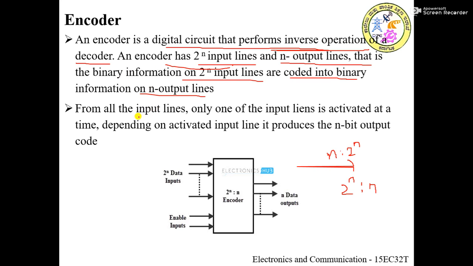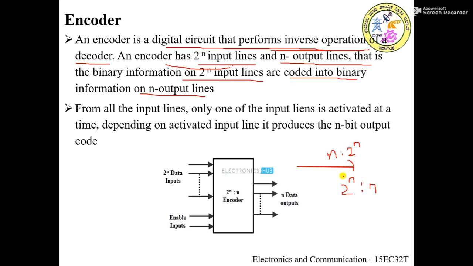As we know, in the case of a decoder, out of 2 to the power of n output lines, only one line was activated at any time. So here, in the reverse fashion, out of 2 to the power of n input lines, only one line will be active high or active low, that is, activated.